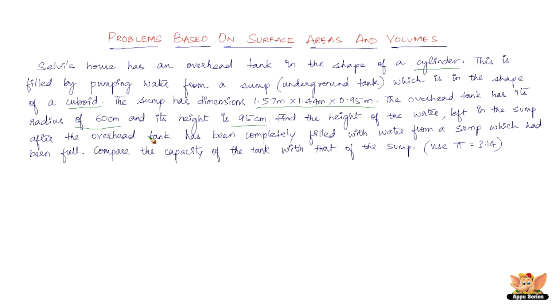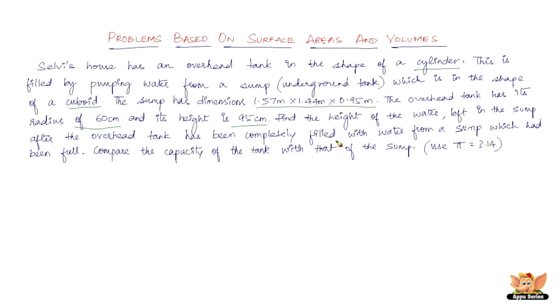Pretty simple, I'll tell you what. Now, definitely the sump is going to be bigger than the overhead tank. Simple logic. So let us first find the volumes of both. Then whatever is the volume of the overhead tank, that's the same amount of water which would have got filled in the tank.